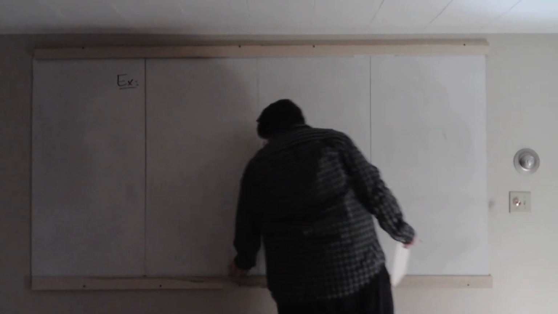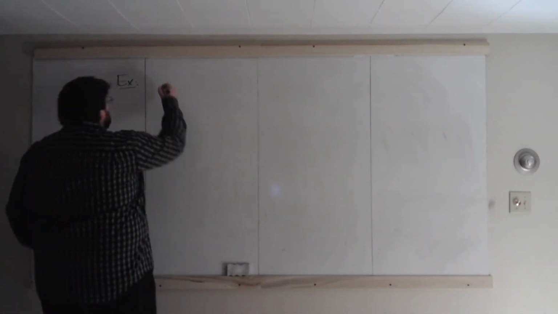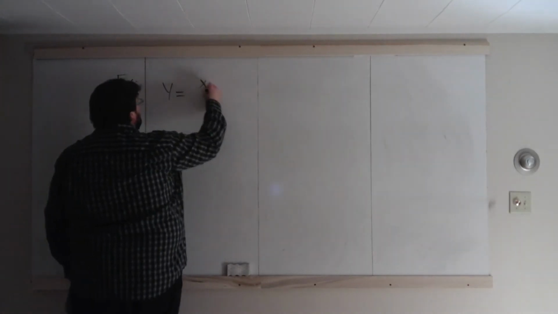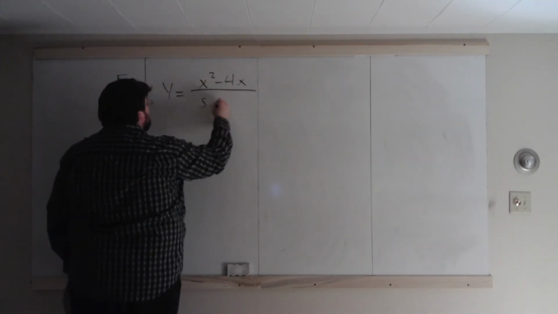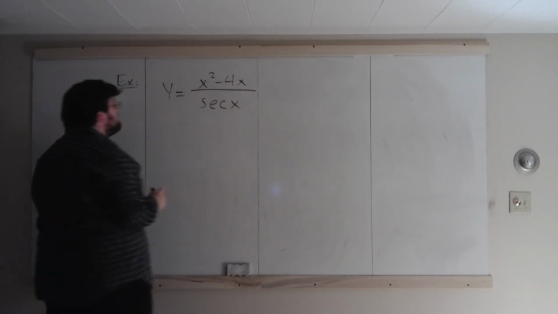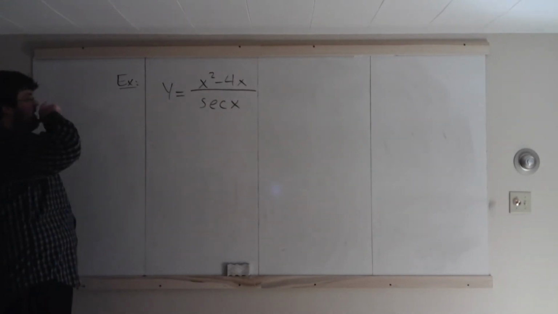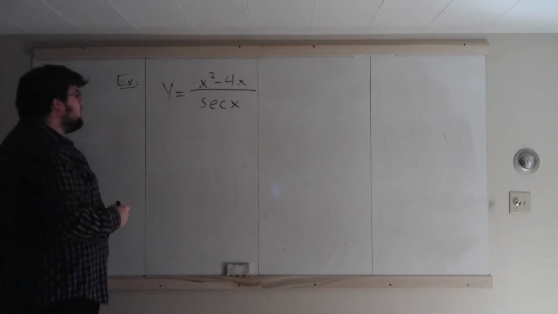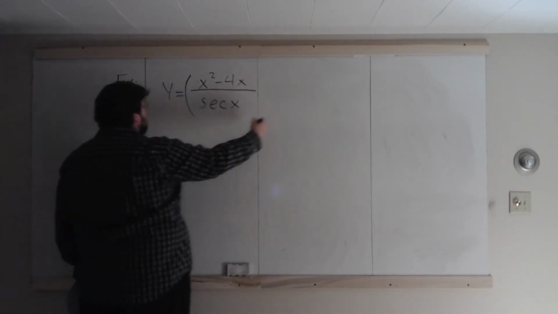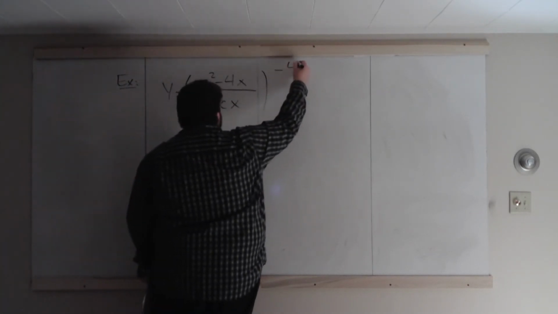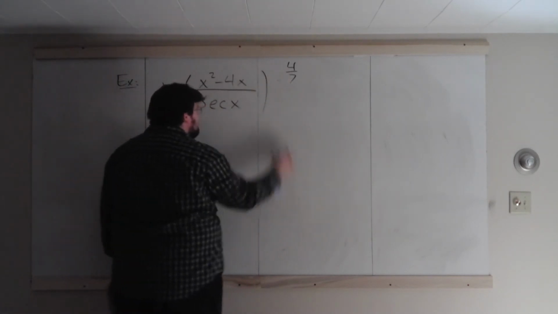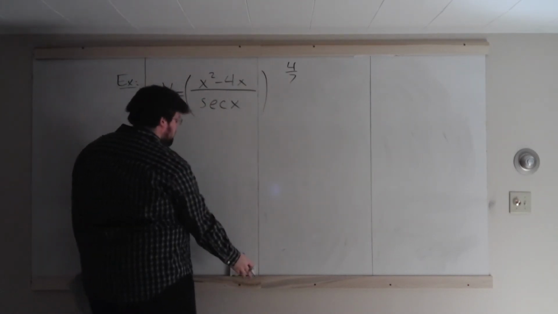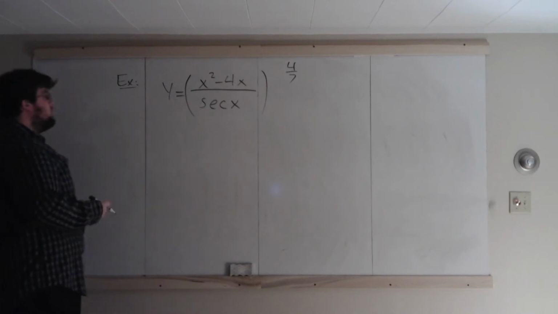What if we had this one? Y equals x squared minus 4x over secant x. What if we had this one? Now let's make it positive. What if we had this one all to the positive 4/7?